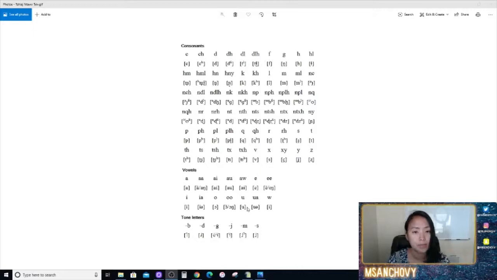So now, to the tonal sounds. So, this will make or break you. It does not matter how good you are at enunciating. If you get the tone wrong, you are saying a completely different word. We have no idea what you're trying to get at.